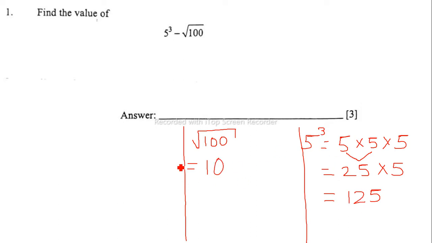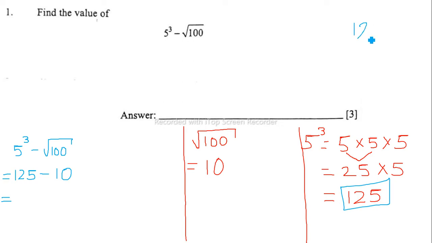Now we are prepared to do our problem. 5 cubed minus the square root of 100 is 125 minus 10.